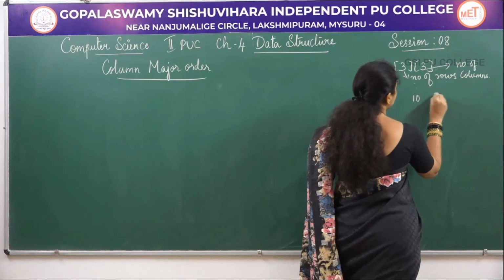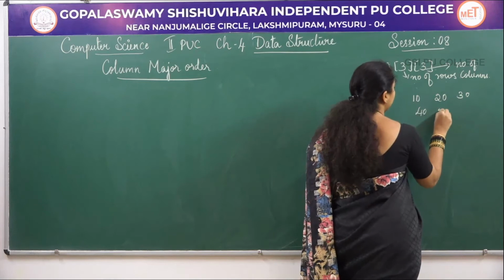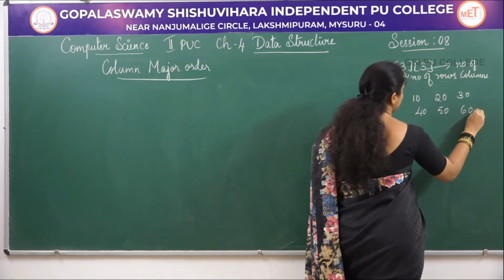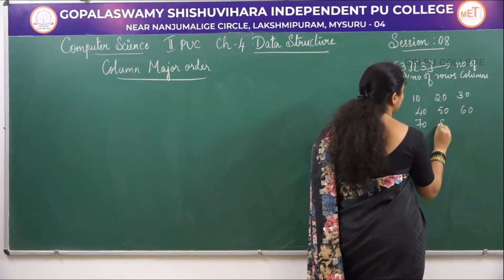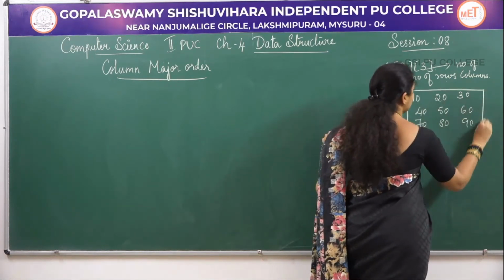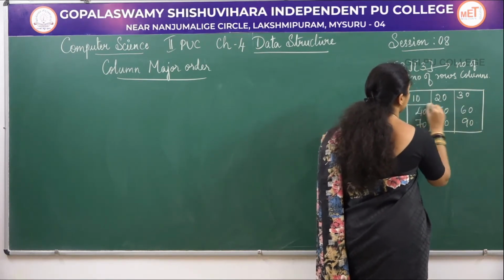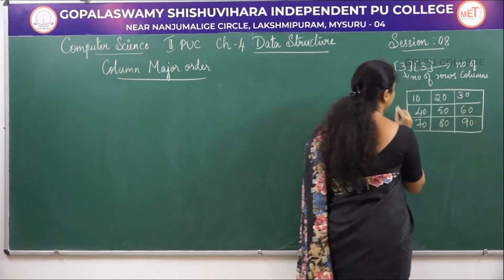So the array elements are 10, 20, 30, 40, 50, 60, 70, 80 and 90. As it is 3 cross 3 matrix, we can store 9 elements in the matrix.